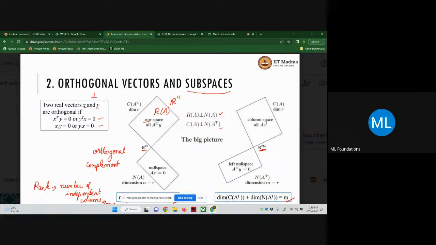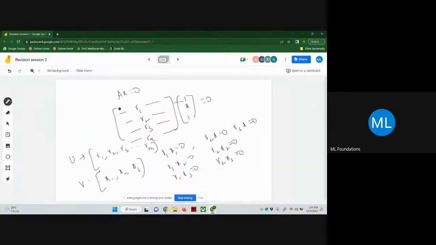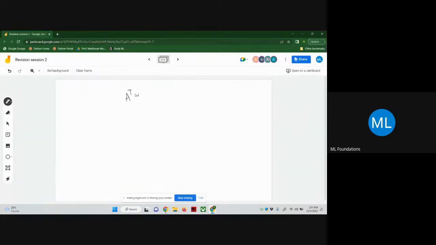And similarly, we have the column space of A. It is perpendicular to the opposite, that is, A transpose y equals 0. Because suppose we have A transpose y equal to 0, then the columns become the rows, so we have C1, C2, C3 and so on, times y equal to 0.